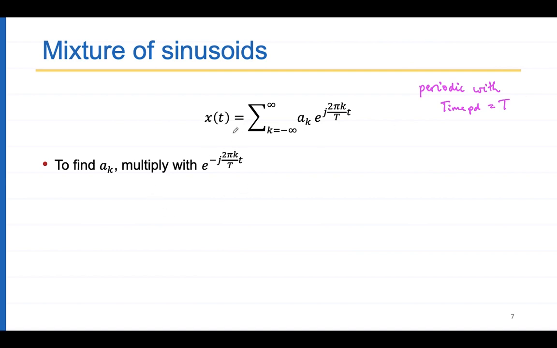Now to find the ak's, I will use the same trick, multiply with the conjugate.